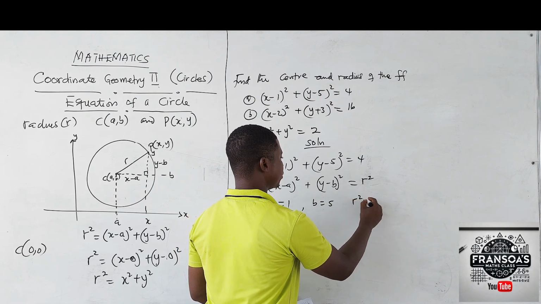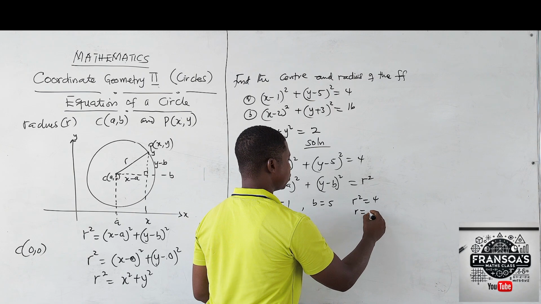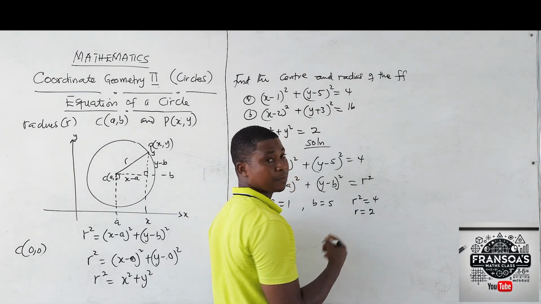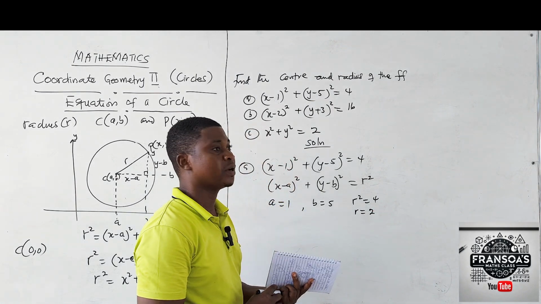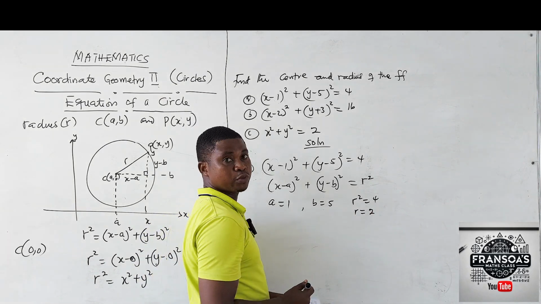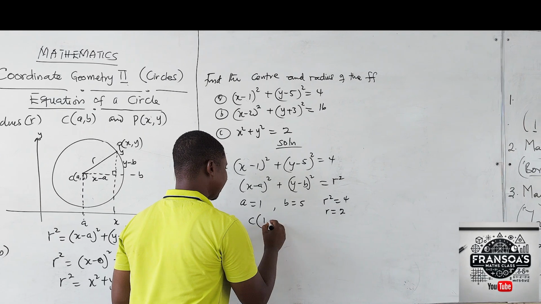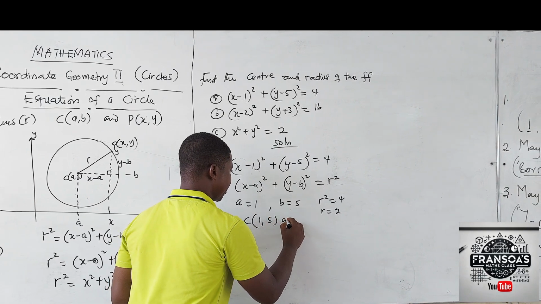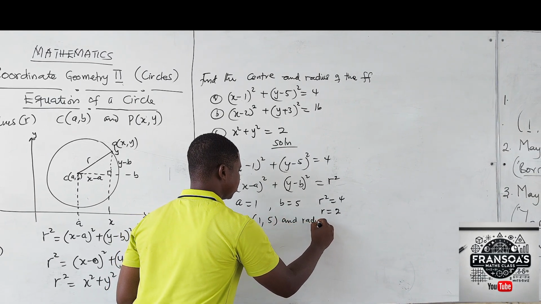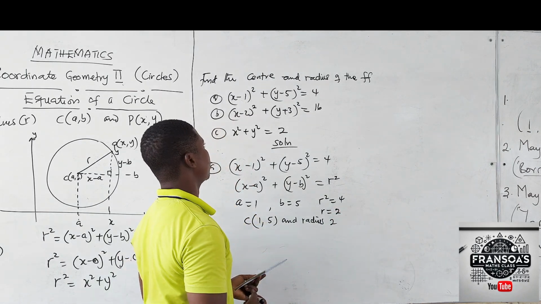Then r squared is equal to 4. So we can find our r, which is the radius. R is equal to 2. It should be plus or minus 2, but in terms of distance, we deal with the positive distance. So the radius is 2. So the center C is (1, 5), and the radius is 2. So that's the first one.